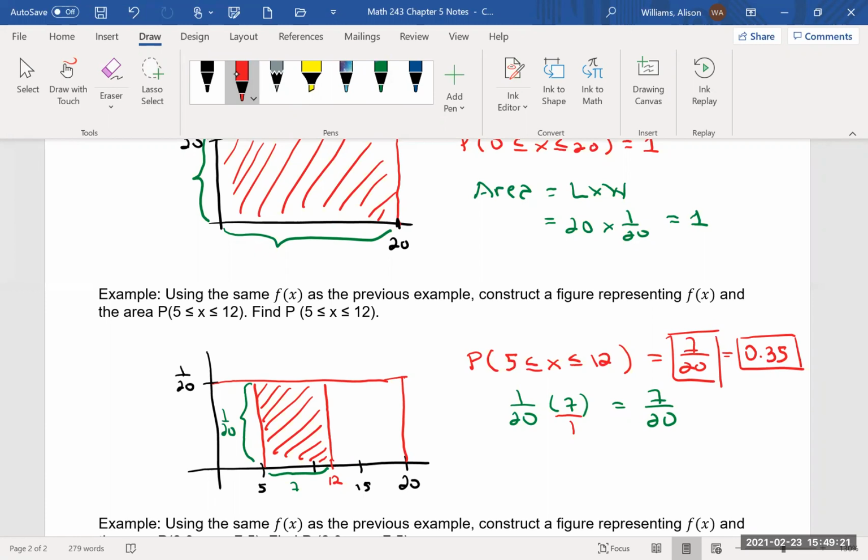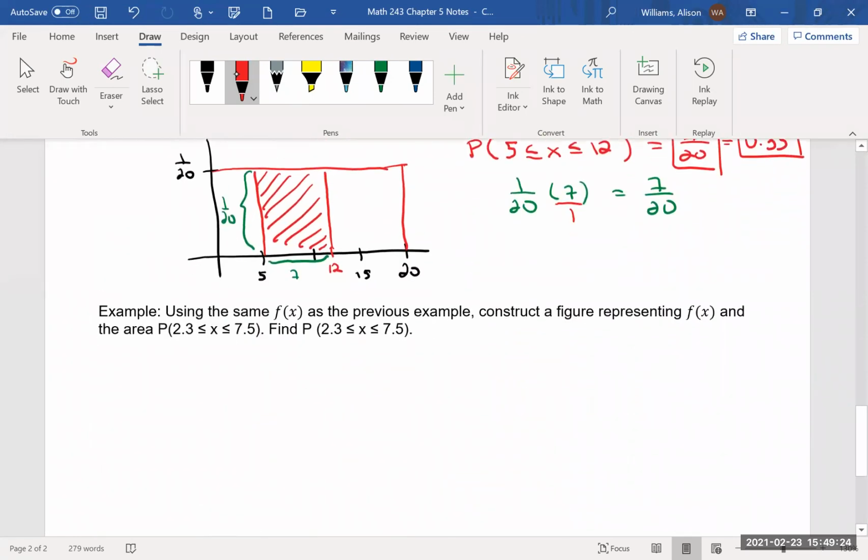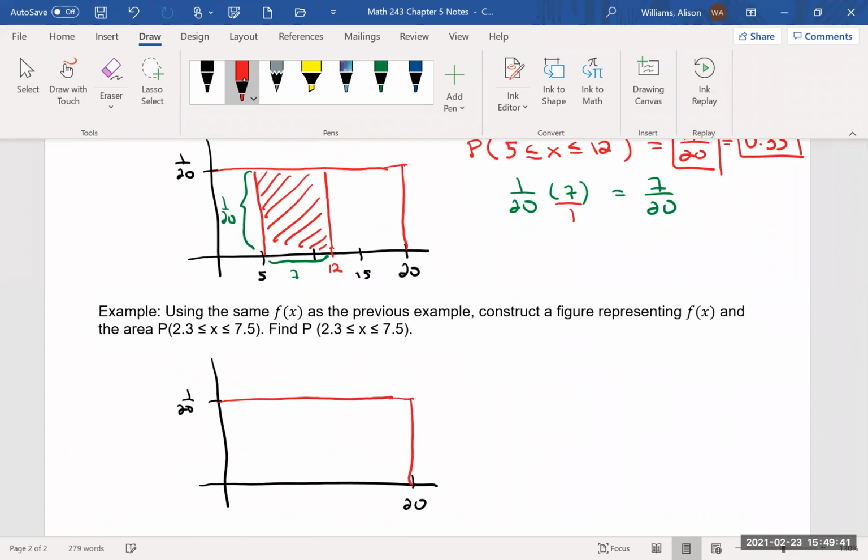Okay, so let's look at another example. Same figure, but this time they're giving us some decimals. Trying to make it exciting. So still 1 over 20, all the way out to 20. This basic rectangle shape. Okay, so to go from 2.3 to 7.5.